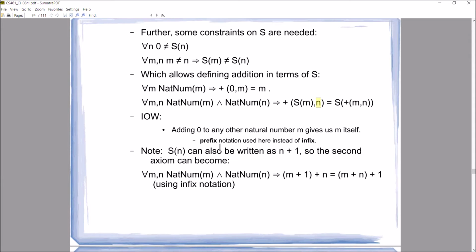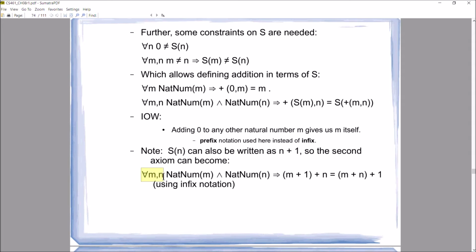But the textbook says, look, you might not be used to that, so with syntactic sugar we're just going to change the syntax a little bit, and we'll let it mean the same thing. So we can write the successor of n as n plus 1, right? So that second axiom that we looked at could look something like this instead.